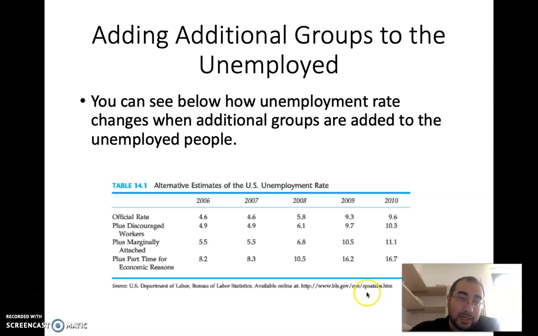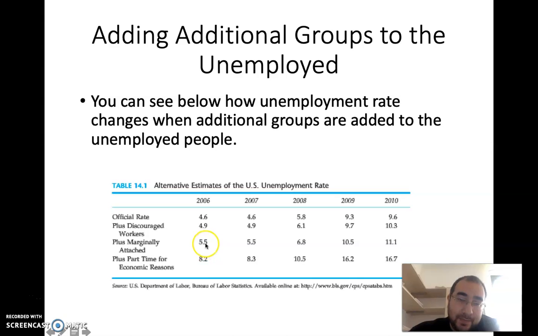The relatively larger addition came when you are adding part-time workers who are unwilling to work part-time. People might work part-time because they want to work part-time. These are the ones that actively stated we don't want to work part-time, we actually want to work full-time.